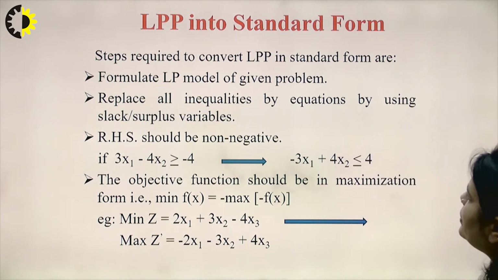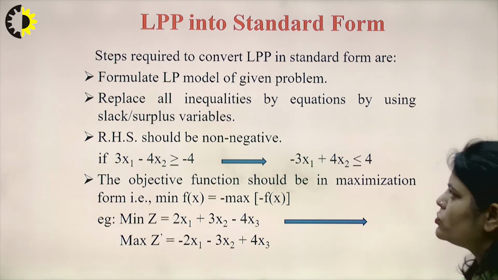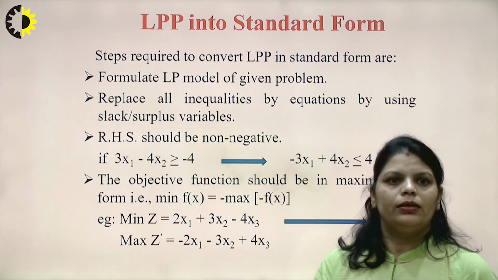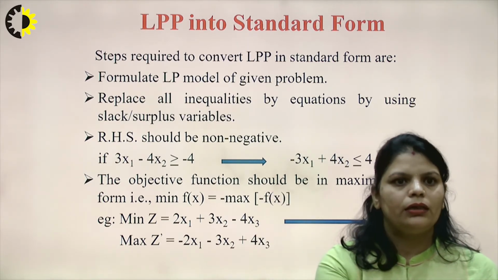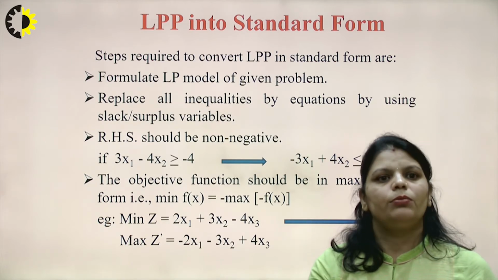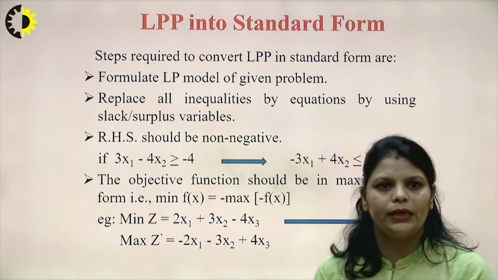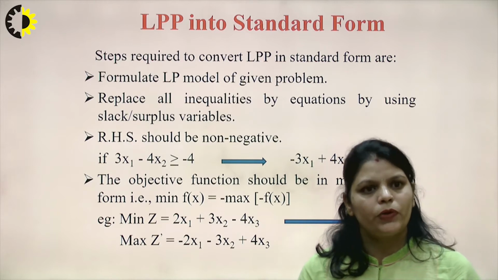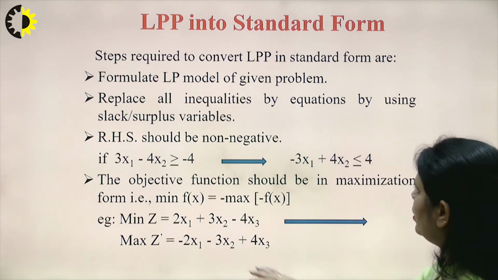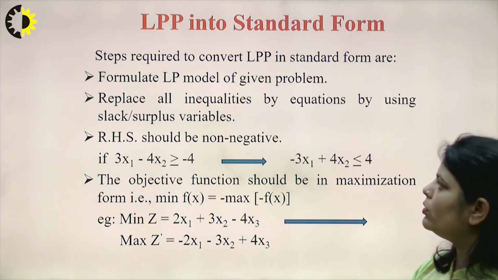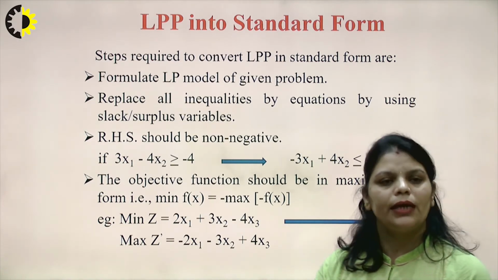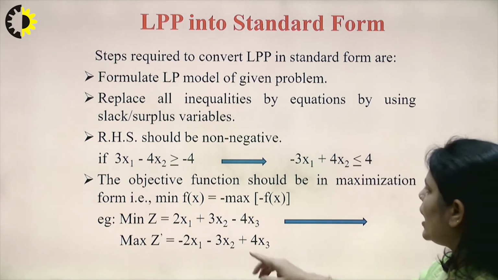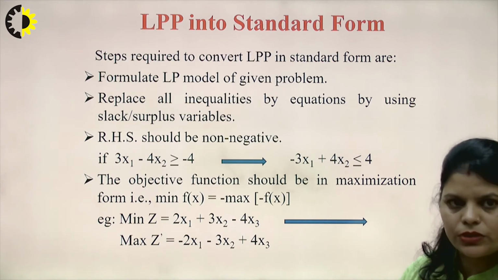Now the right hand side should be non-negative. We have to ensure that whatever is written on the right hand side should be a non-negative term, meaning it should be a positive value only. For example, if we have a negative term on the right hand side, then we have to convert it into a positive value.